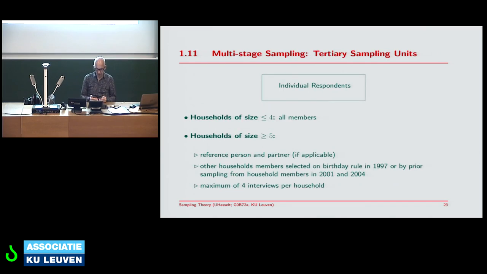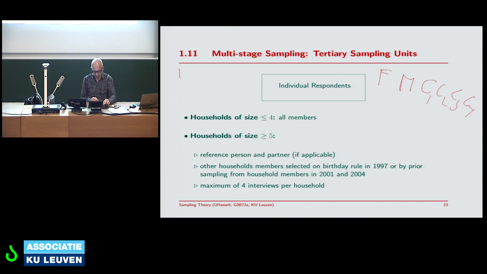And then at the third and final level, and that's nearing the end of multi-stage sampling now, we select individual respondents. Now let me go to the case where I have father, mother, child 1, child 2, child 3, and child 4. What we are deciding is the household size, no matter what it is, the household will contribute 4 at most interviews to the survey.